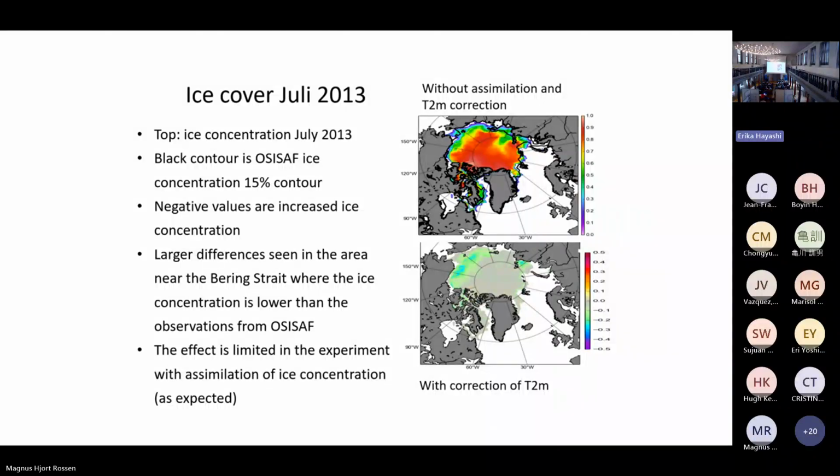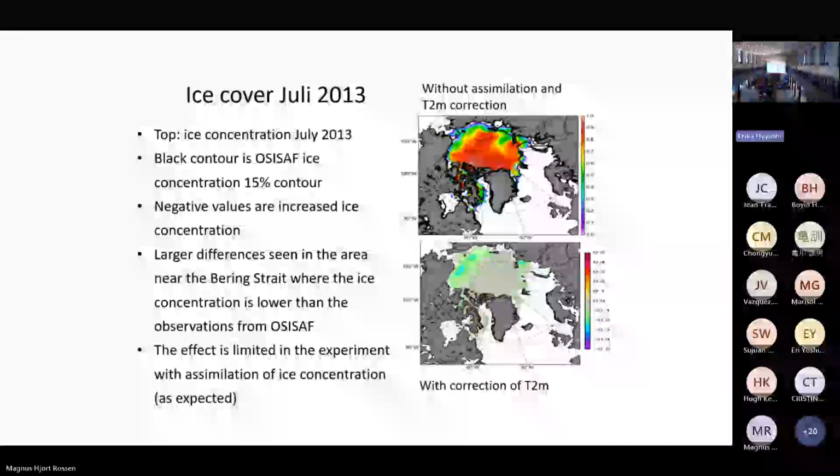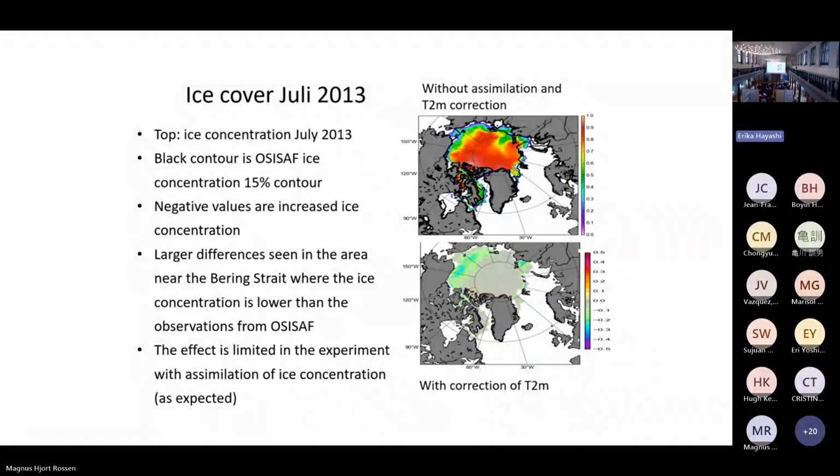And it's clear to see that along the Canadian coast and up towards Russia, there's an increase of sea ice, and that's the same place where you can see that the concentration is lower. The black contour is the 15% OSISAF. So it adds ice where it can add ice, which is expected.